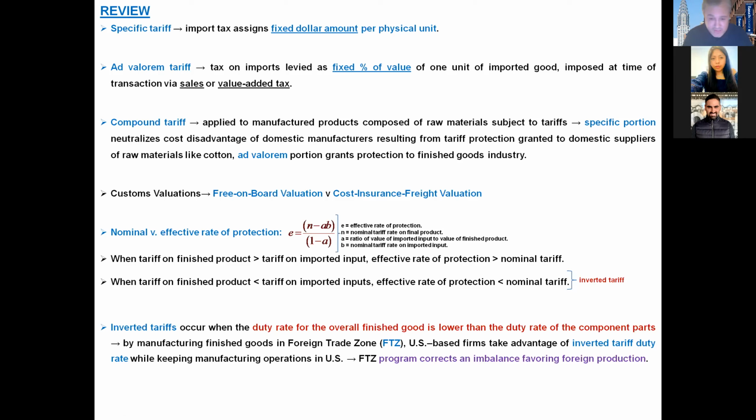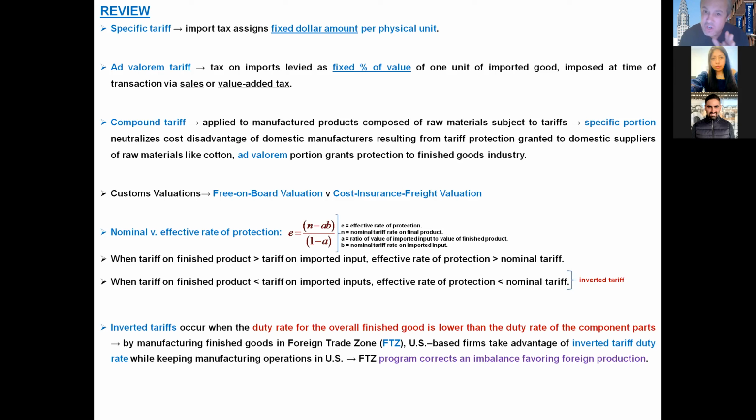Okay, so again, we talked about inverted tariffs and the concept of delaying duties, which is made available by bonded warehouses and foreign trade zones. What's the difference between the two, really? The difference is what you can do in each, right? Because what can you do in a foreign trade zone? Just about everything. But in a bonded warehouse you can do very limited things.